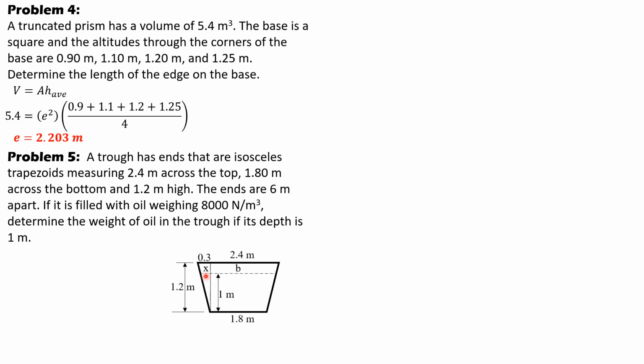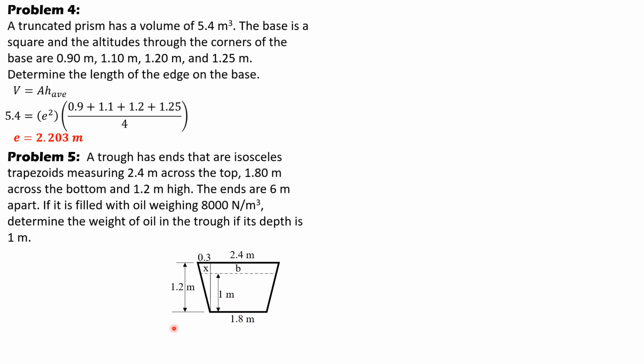So we will call this part x, so that the upper width of the oil surface b is equal to 1.8 plus 2x. And from the figure, the area of the trapezoidal oil section would be 1/2 of b plus 1.8 times 1.